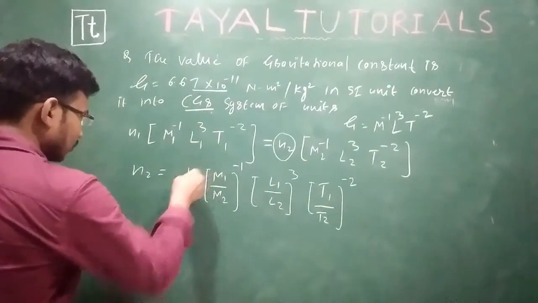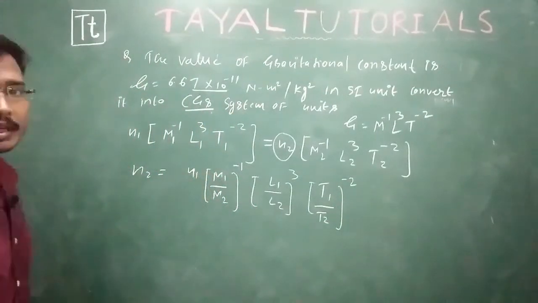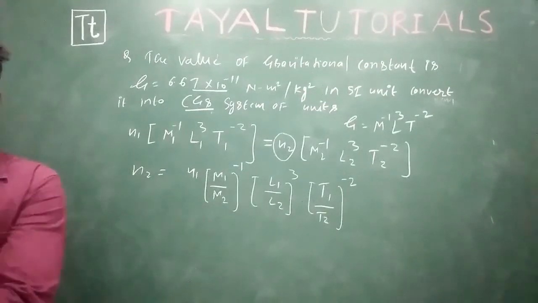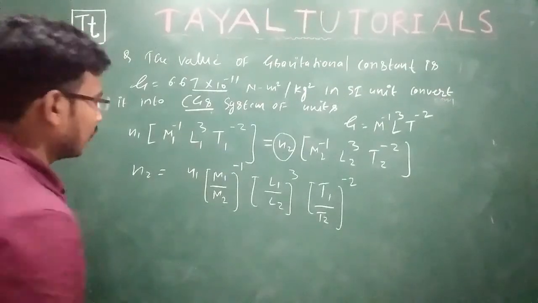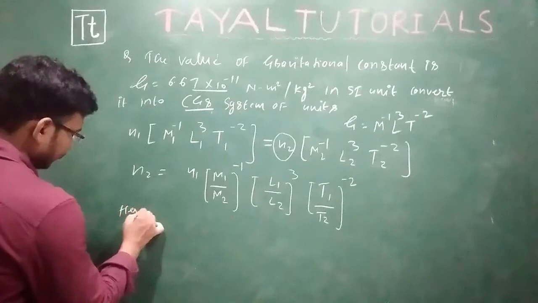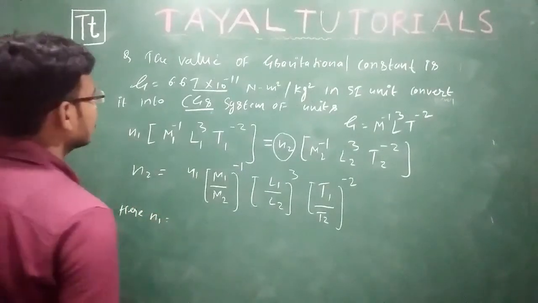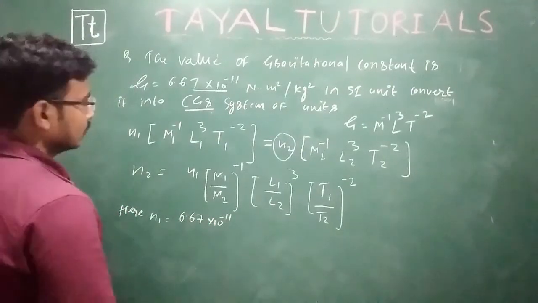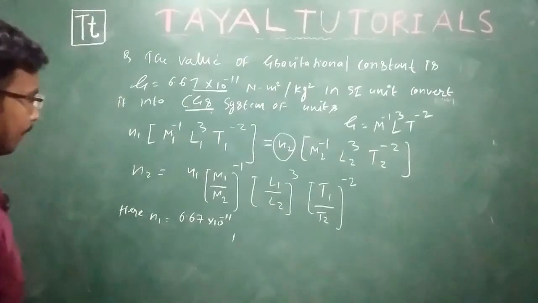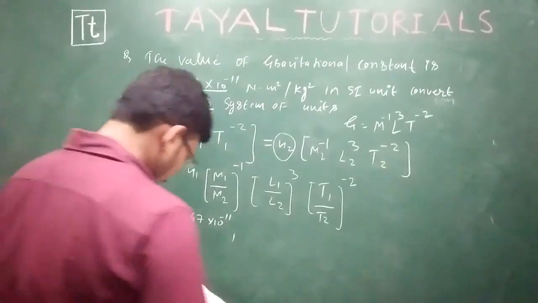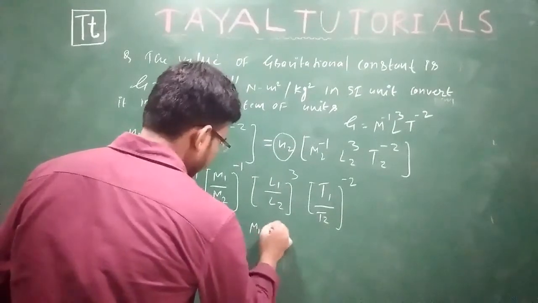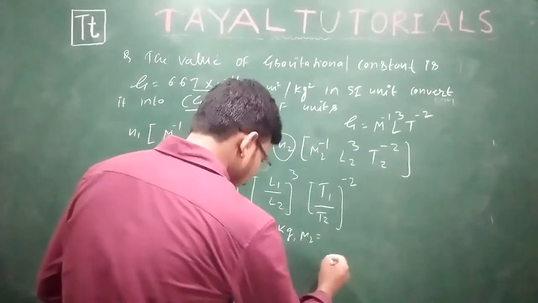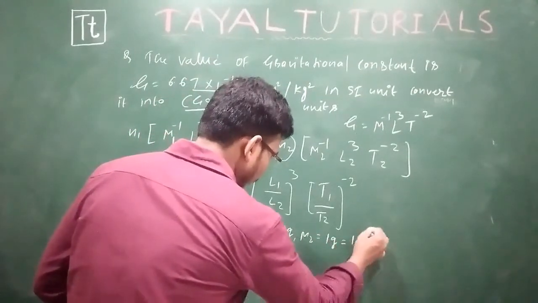I know n1, which is 6.67 into 10 to the power minus 11, and I have to calculate n2. Here M1 is equal to 1 kg, but M2 is equal to 1 gram, that is equal to 10 to the power of minus 3 kg.